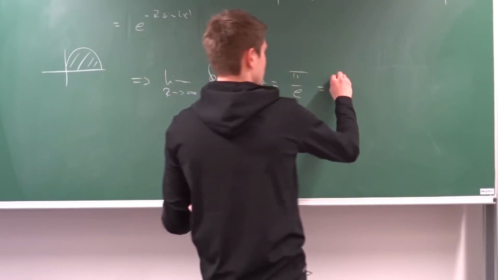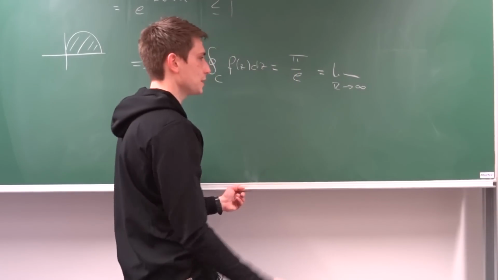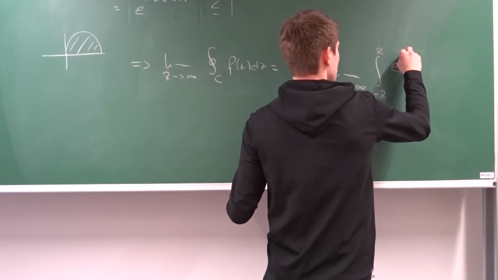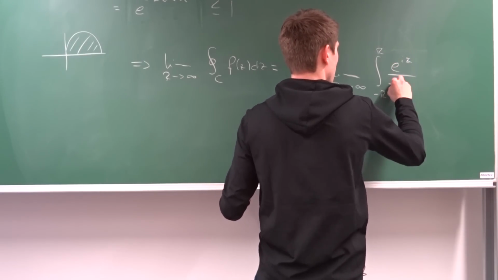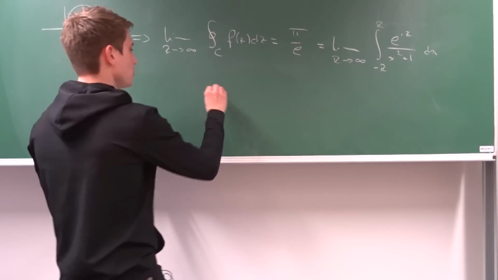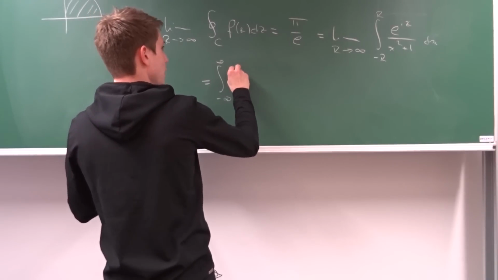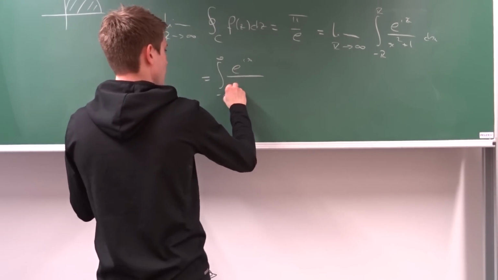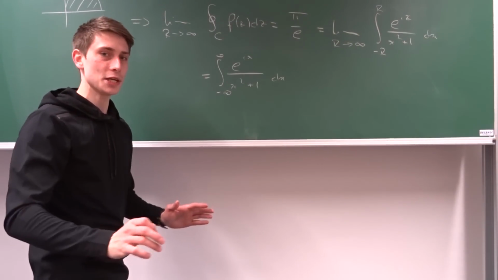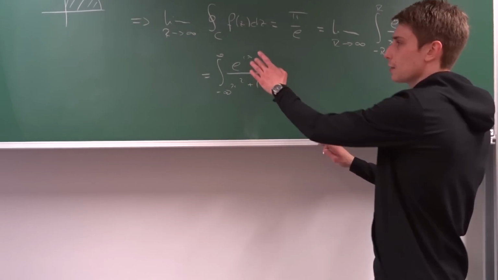And now we let the limit as r approaches infinity of this integral from minus r to r of e to the ix over x squared plus 1 dx. And indeed, we would end up with the integral from minus infinity to infinity of e to the ix over x squared plus 1 dx, which is basically our original integral, but we still have this up here.